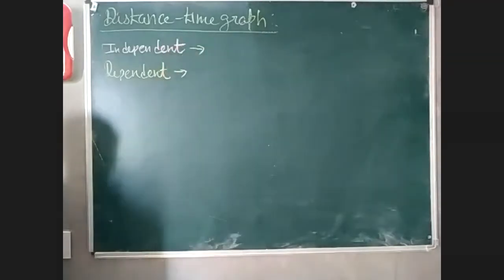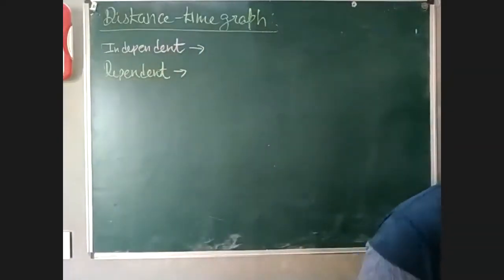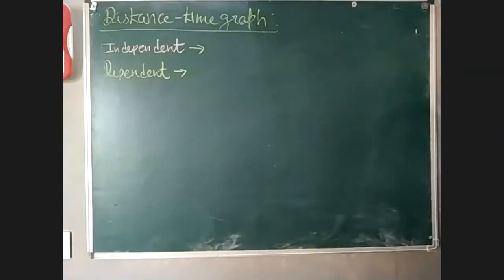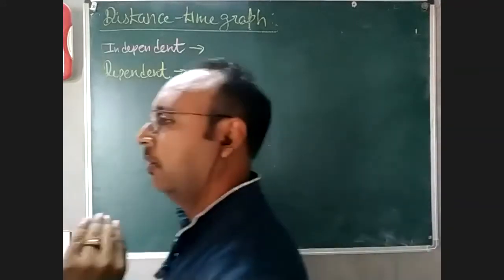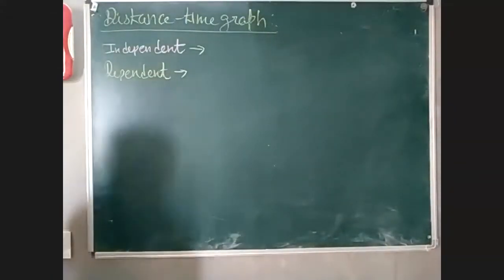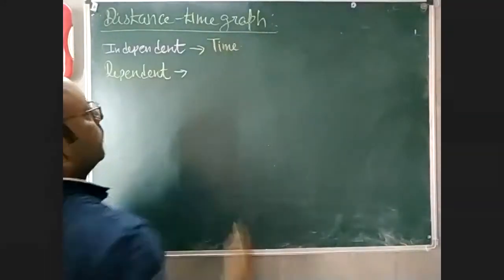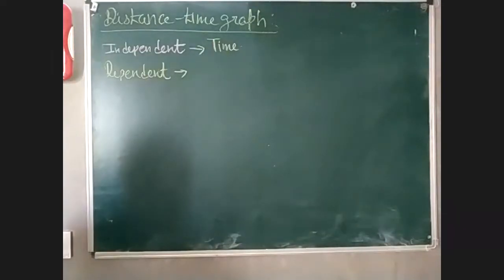So what is the meaning of independent and dependent? Independent means which we can change at our will. That means it's not depending upon anything. It just moves on, like we can say time. It's an independent variable.